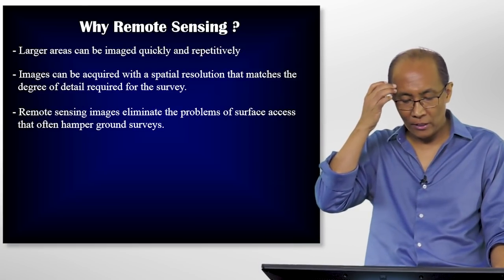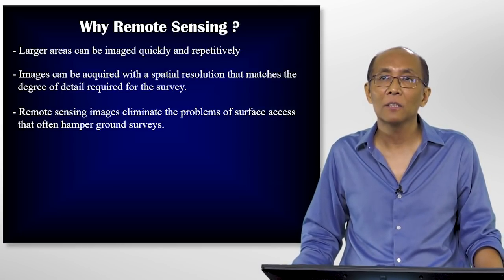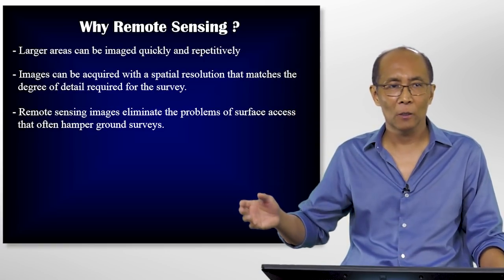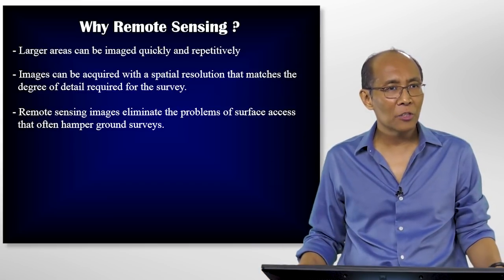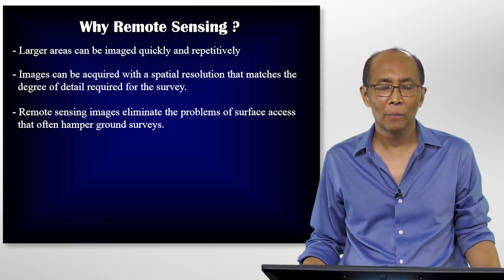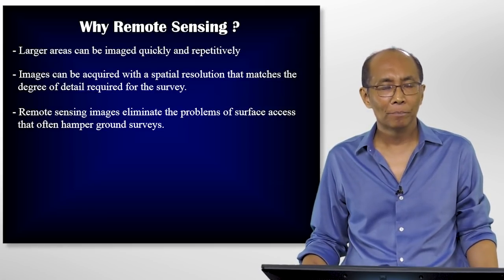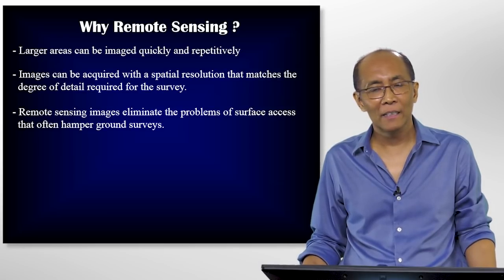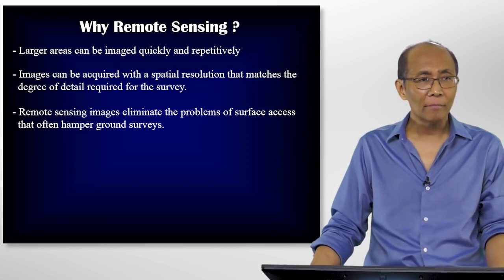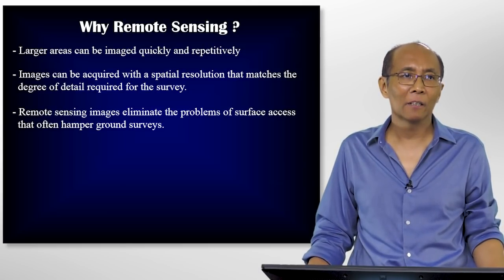So remote sensing images eliminate the problem of surface access that often hampers ground surveys. If it is very dense evergreen forest or mangroves that you cannot go through, or a particular situation doesn't let you go, for example any disaster event like a hurricane or thunderstorm or typhoon or earthquake, anything that won't let you go and take the survey or do proper management plans, you will need remote sensing.